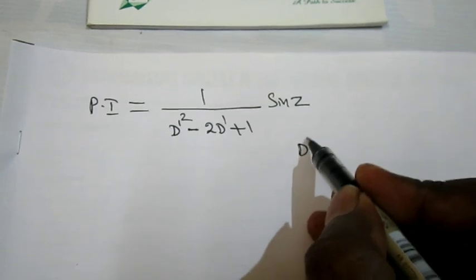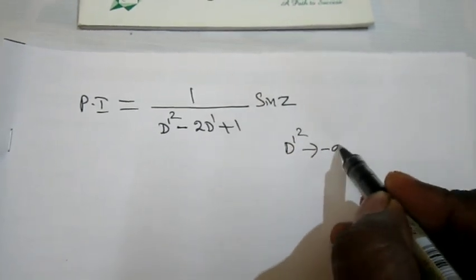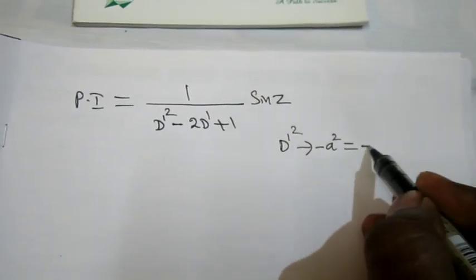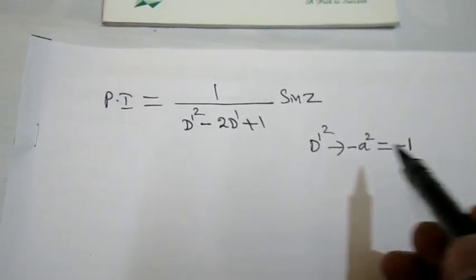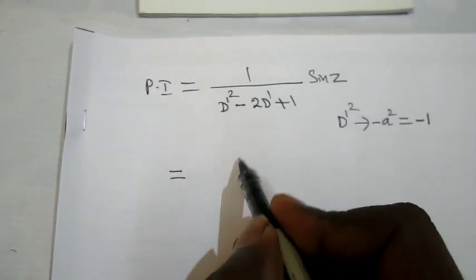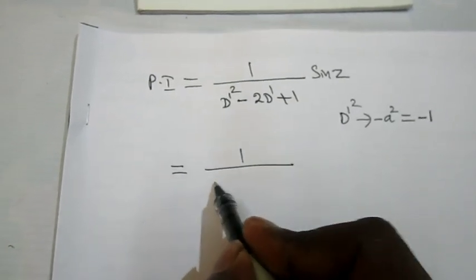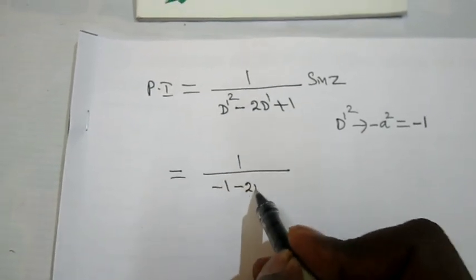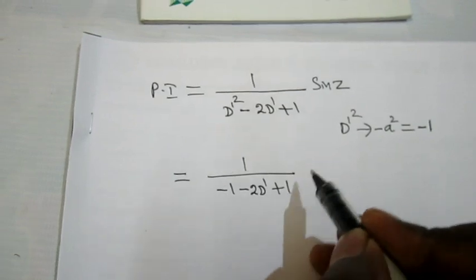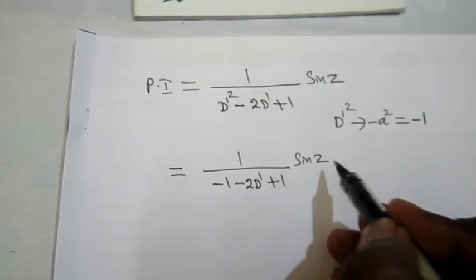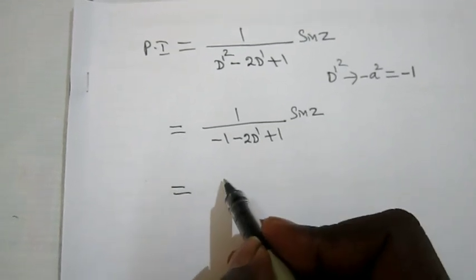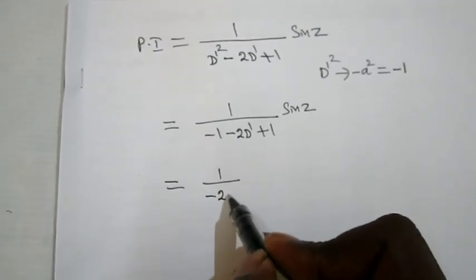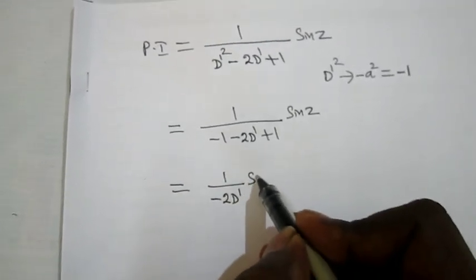So D'² is replaced by −a², and a is 1, so 1 squared is 1. So D'² is replaced by −1. So it is 1/(−1 − 2D' + 1) sin z. Now you see −1 plus 1 cancel, so 1/(−2D') sin z.